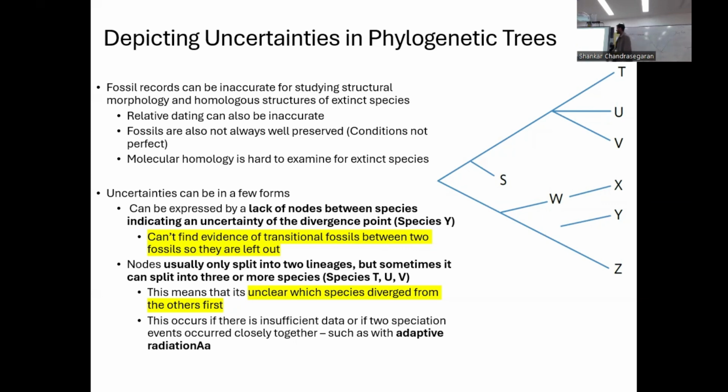So this is essentially when we are unclear which species diverged from the others first, right? It could have been B that diverged from U, or U diverged from V, or T could have diverged from any of them as well. So it's unclear. So what we can do is just join them together at the same node, just to indicate that they are very closely related to each other. But other than that, we can't tell which species it would have actually diverged from, right?